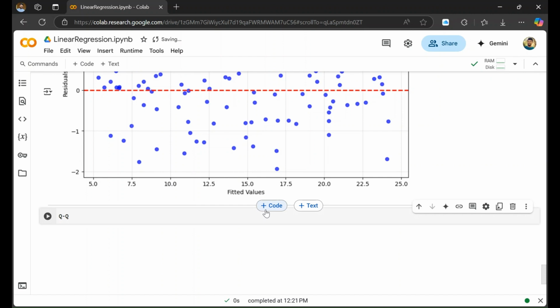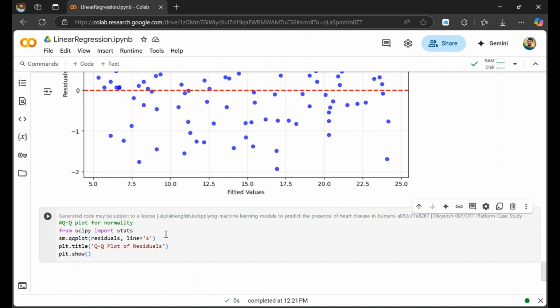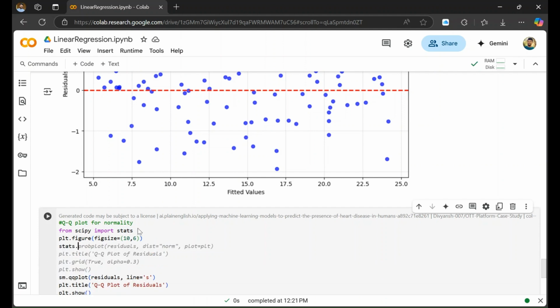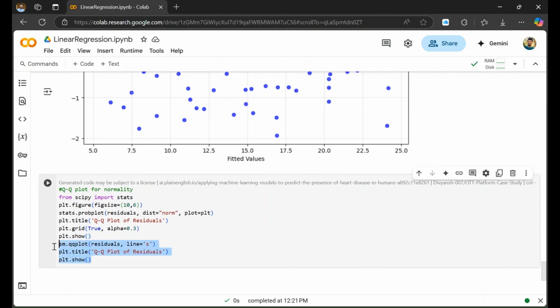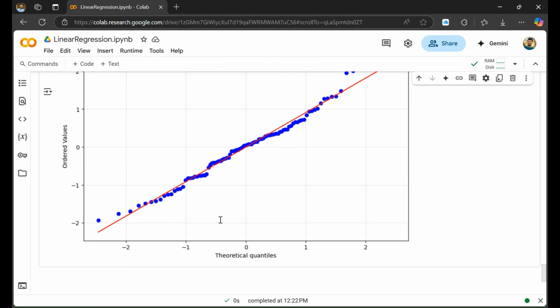And then a QQ plot for normality check. Now this shows the residuals on our QQ plot.